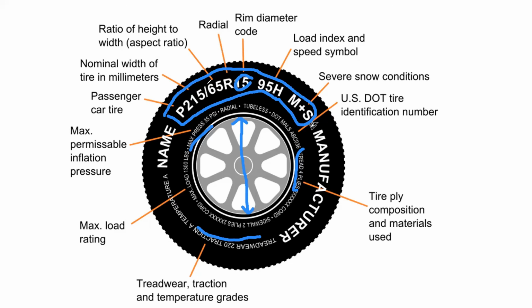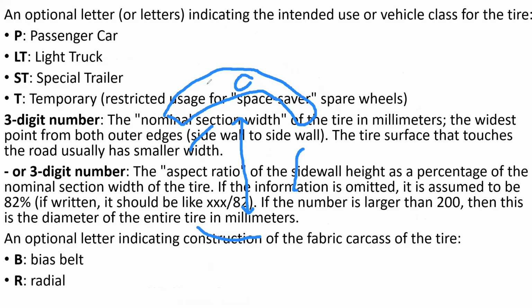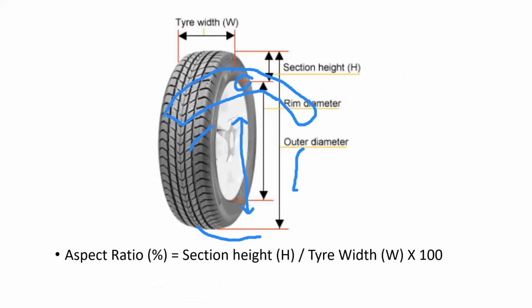Now we come back to this 65. 65 means the aspect ratio, right? Aspect ratio is very easy to explain from here, right? So tire width is the first number, then slash, then you have the aspect ratio, and you have the rim diameter. So how it comes is aspect ratio is the section height.